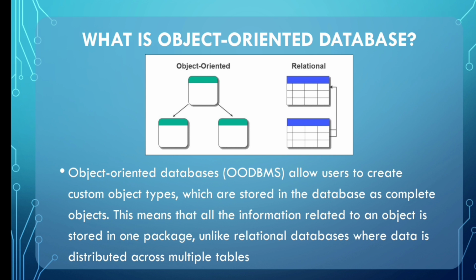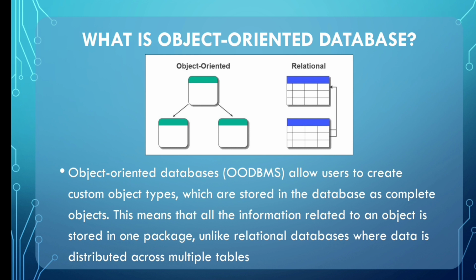So here, continue. Object-oriented database or OODBMS allow users to create custom object types which are stored in the database as complete objects. This means that all the information related to an object is stored in one package.